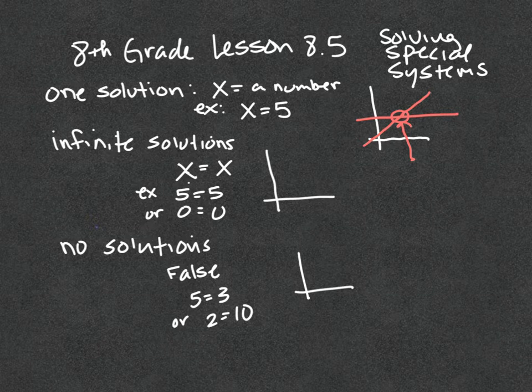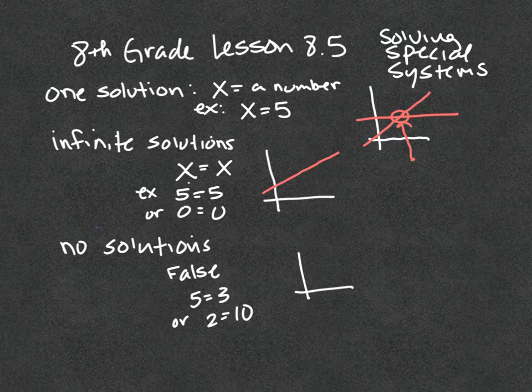For infinite solutions, that was the ones that came out x equals x. Whatever x is, it equals itself. So for example, 5 equals 5 or 0 equals 0. So if you go through your system of equations and you solve it, you'll end up with something like that. 5 equals 5, 0 equals 0, 10 equals 10. And the reason it ends up like that, if you were to graph it, is you're going to get a line.